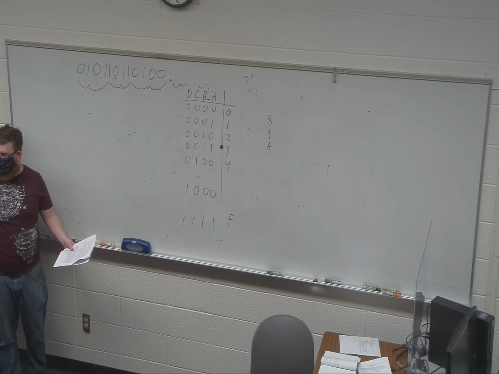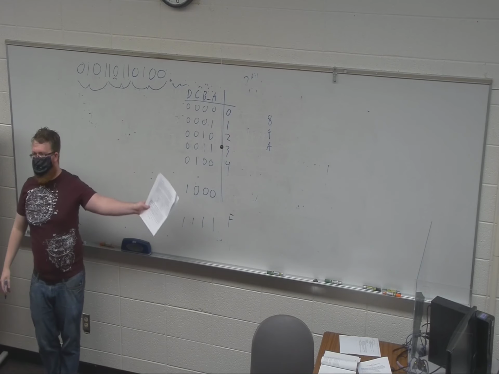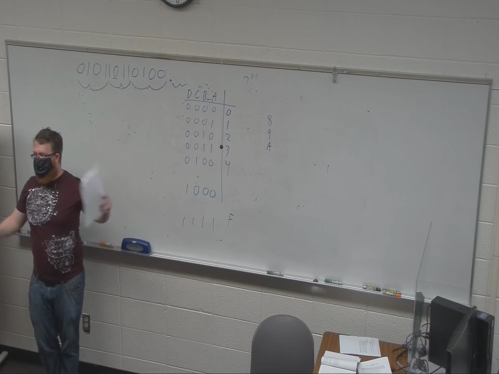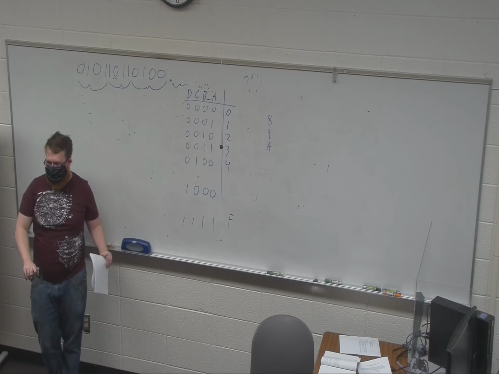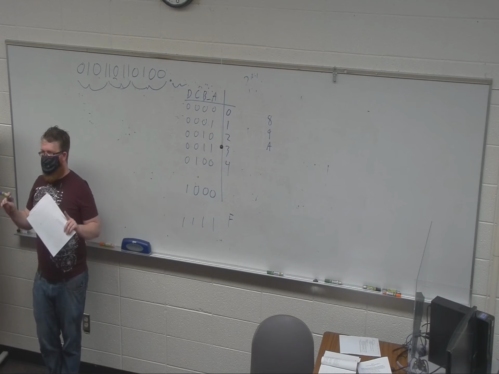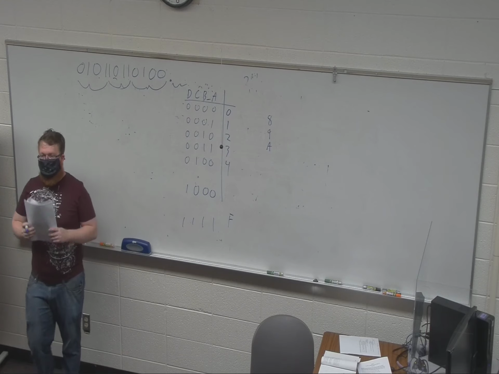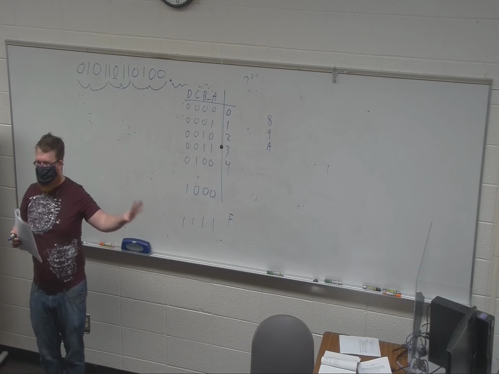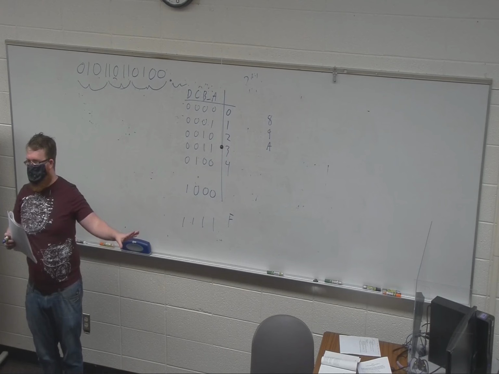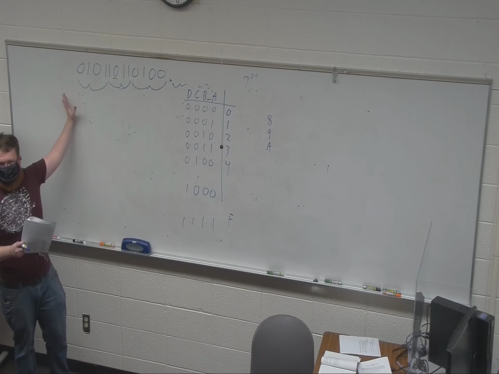Because like decimal, we don't write a million zeros in front of it unless you're in binary and you're doing, what's it called, a fixed point, right? If you have a 128-bit number, you need to define zeros for all of those.